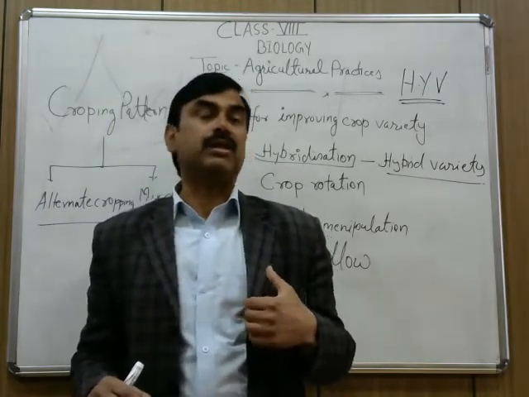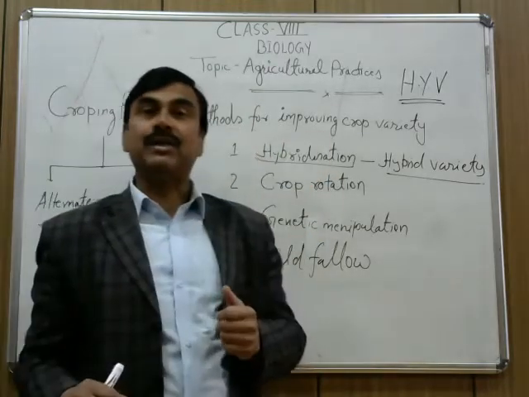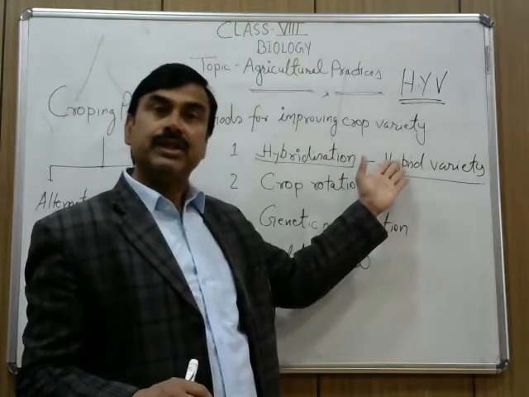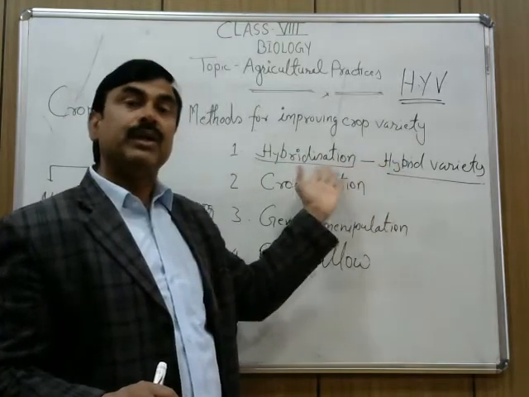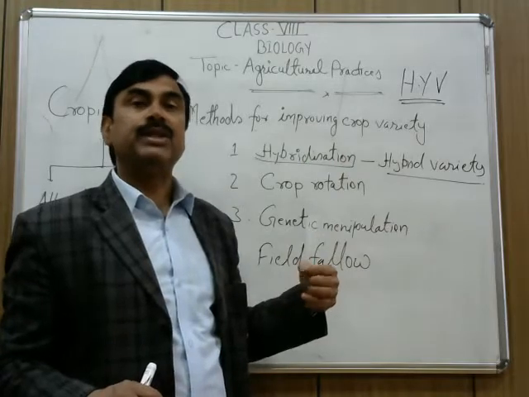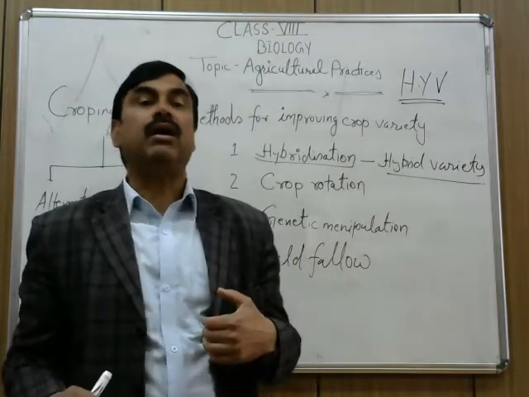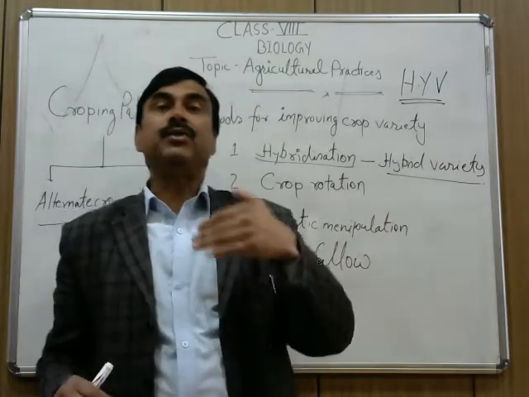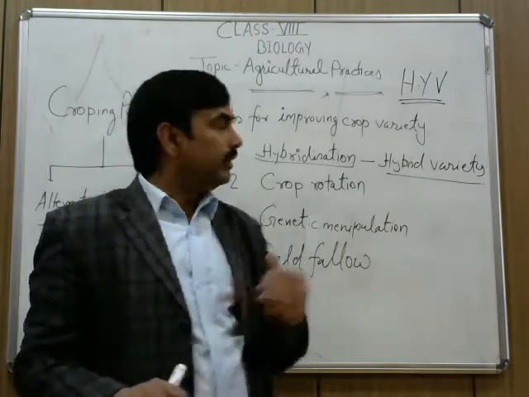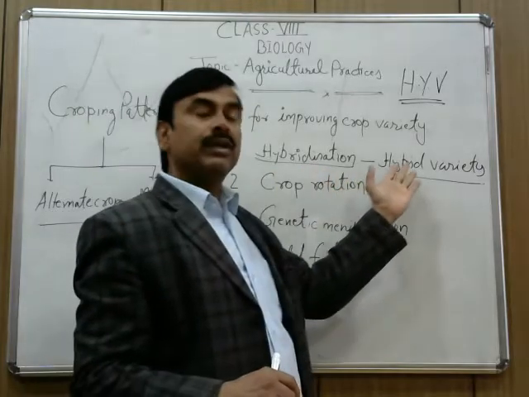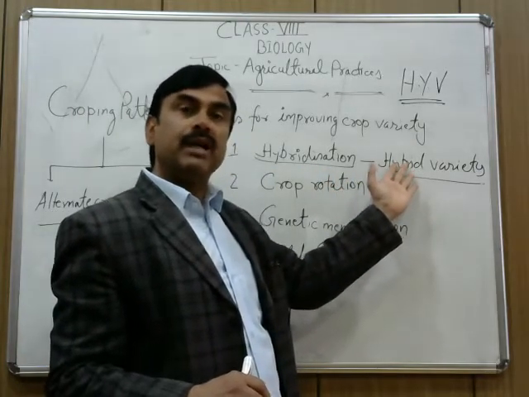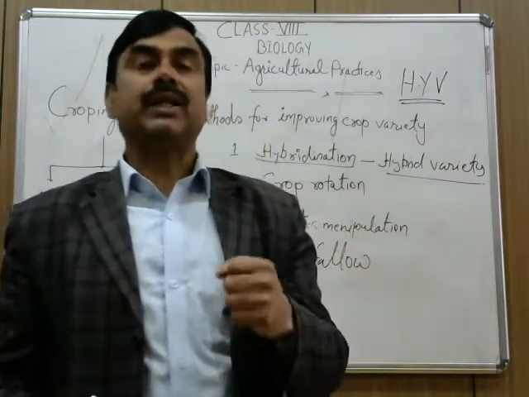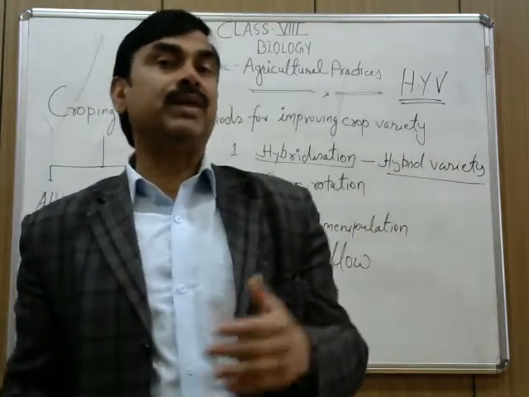I was talking about the quality and quantity. Yes, in the hybridization process, we are preparing the crop which has the quality of high production and the quality of keeping good nutrients. So in the hybridization process, we are producing a hybrid variety. It means such a crop which contains both quality and quantity, like basmati rice.